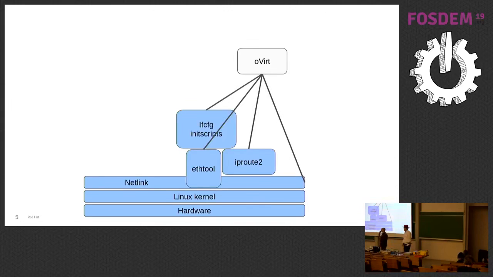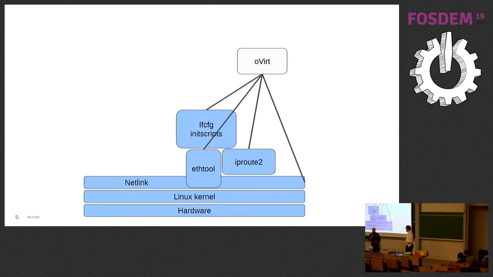When we started seeing what we need, we started working with ifcfg files, and then we started working with iproute2, which is the IP tooling, who knows, and the ethtool for things like setting the speed of network interfaces. And we even reached a point that we needed netlink. Netlink talks directly to the kernel for things like monitoring what is going on.